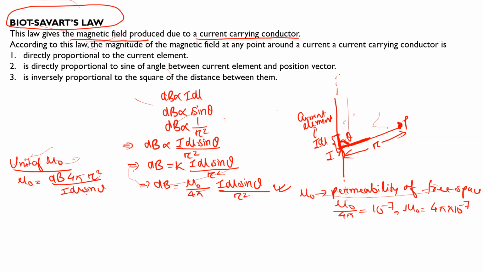Sine theta has no unit and 4 pi has no unit. So the unit is Tesla for dB, meter square for r square, ampere for current, and meter for length. This m and m get cancelled, so it is Tesla meter per ampere. This is the unit of mu naught. Clear? So this is how you can find the unit of mu naught.